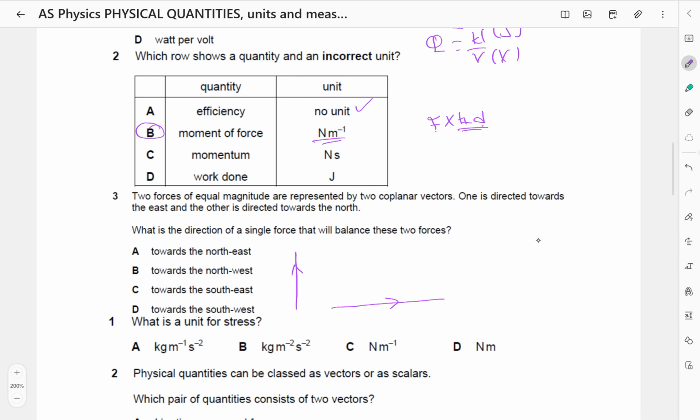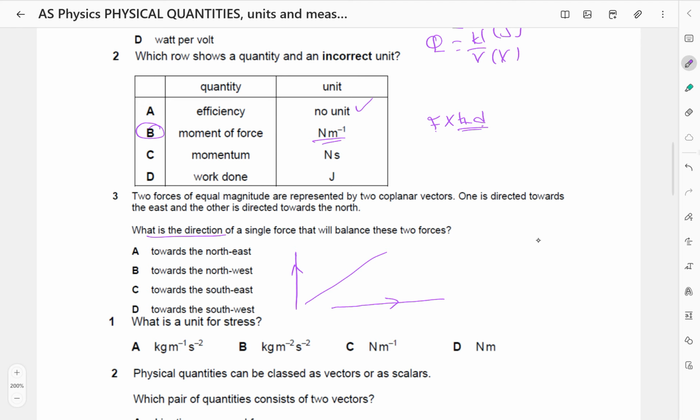So we just find the resultant of these two forces, but they want the direction. So the direction of this should be in between here. It is either towards northeast. No, it can't be northeast.